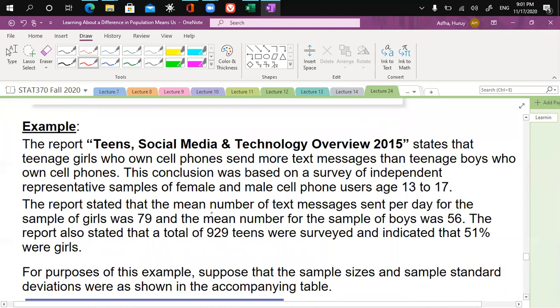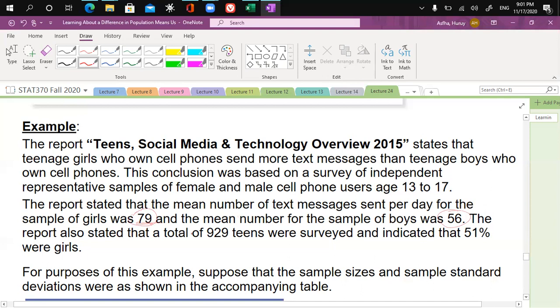Okay, where is the data? The report states that the mean number of text messages sent per day for the sample of girls was 79. This is the mean. And the mean for the sample of boys was 56. So we have x bar 2 and x bar 1.